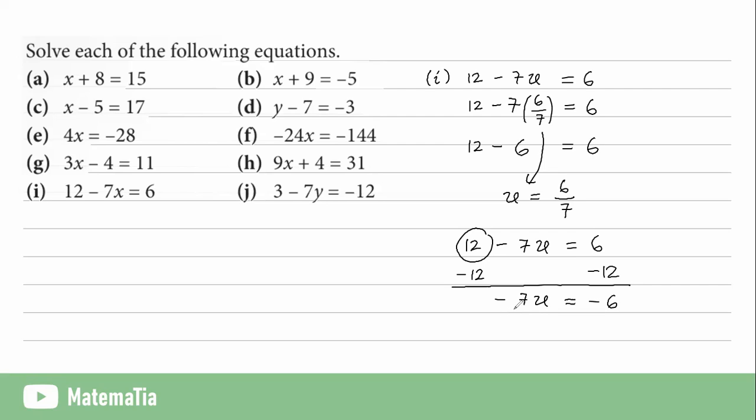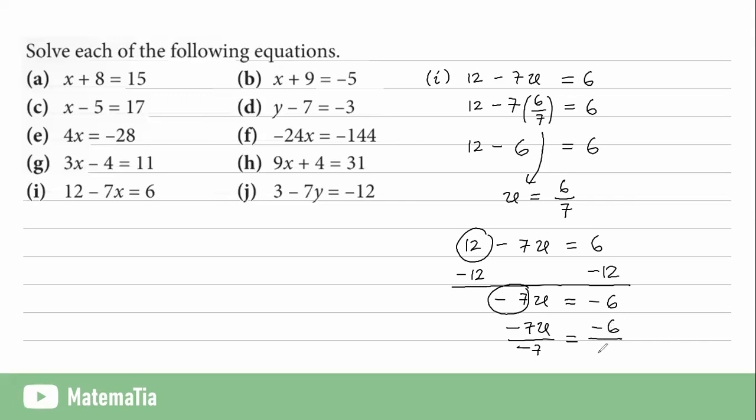And then we have to get rid of this number by dividing negative 7x by negative 7. Just divide by this number. So negative 7x divided by negative 7, we have to do the same way, because we divide the left-hand side by negative 7, we have to do the same on the right-hand side.